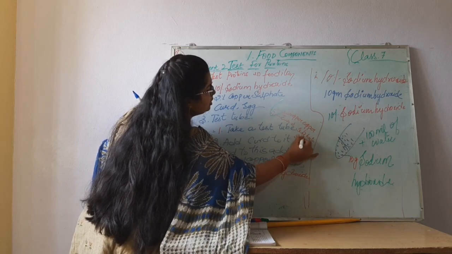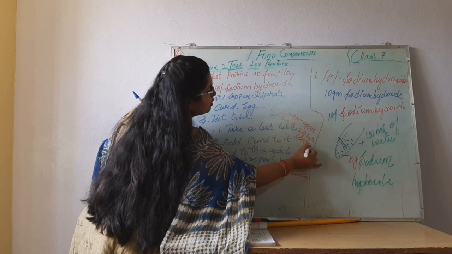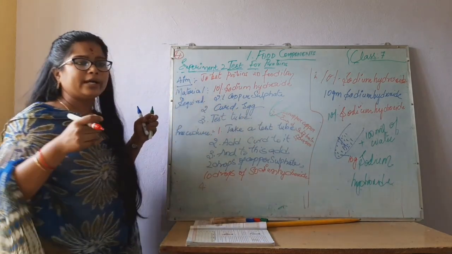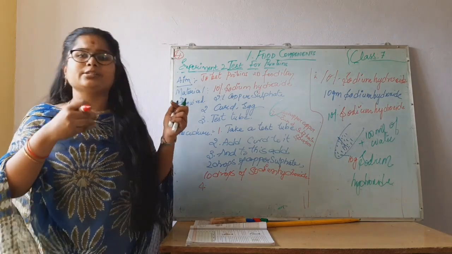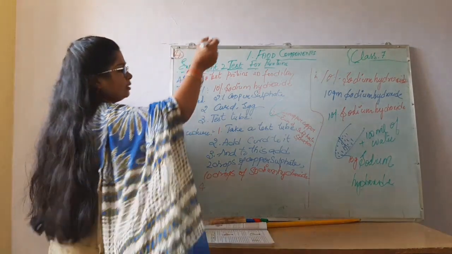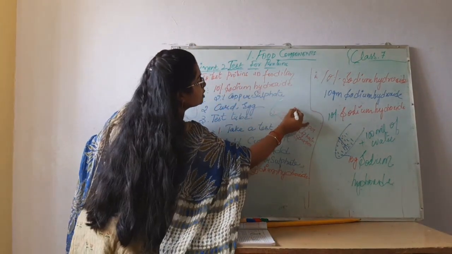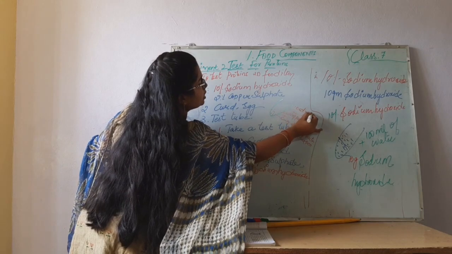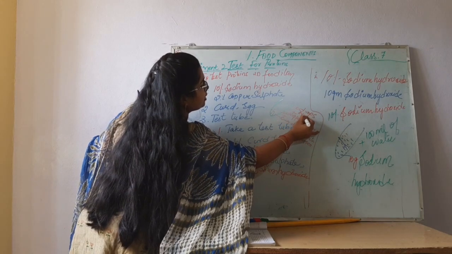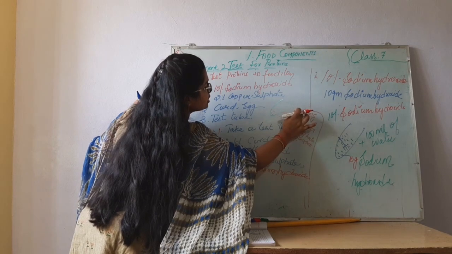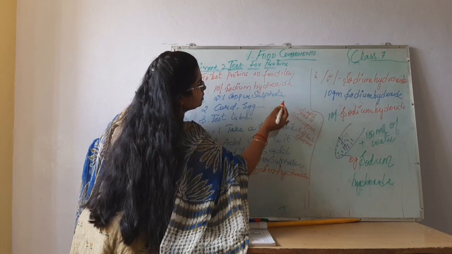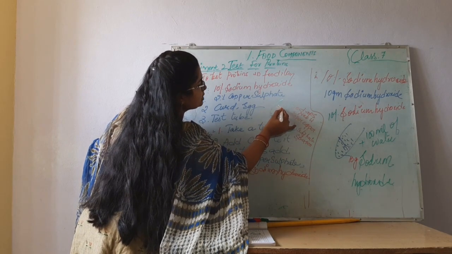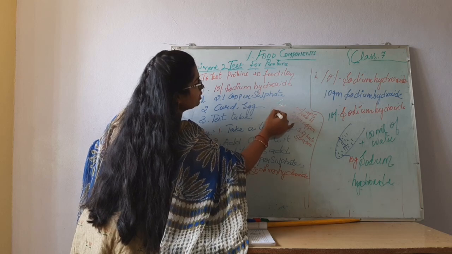If it is a solid, if you want to test a biscuit, you have to grind it, add water, and stir it, and you can add. And next, plus 10 drops of sodium hydroxide, NaOH. NaOH is nothing but sodium hydroxide. You have added all these things.